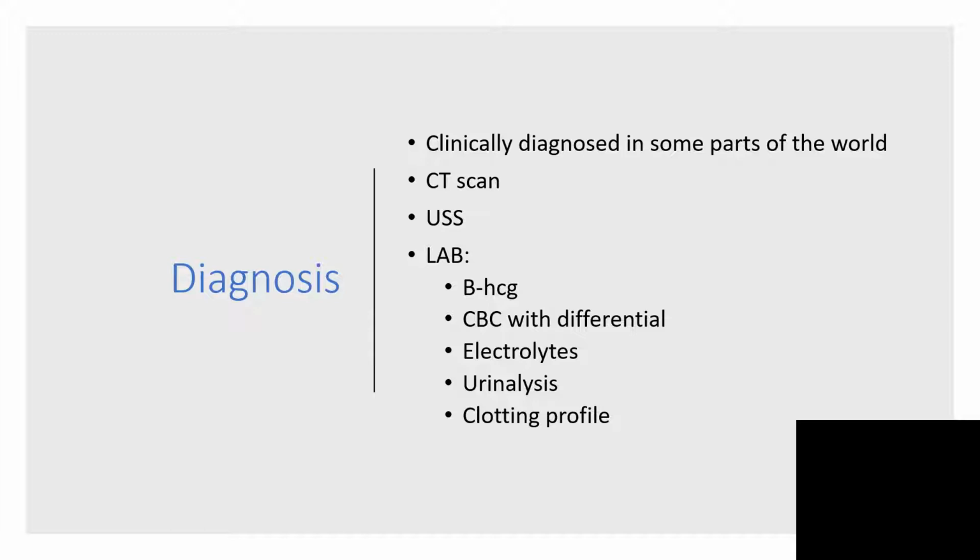Why? We want to be sure this is not ectopic pregnancy, or she's even having a normal pregnancy, and you want to make sure you're not going to tamper with that pregnancy in any way. Do complete blood count with differentials, check the electrolytes, urinalysis, and clotting profile. Why? Might go in to operate right now.